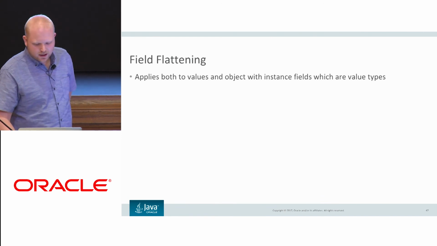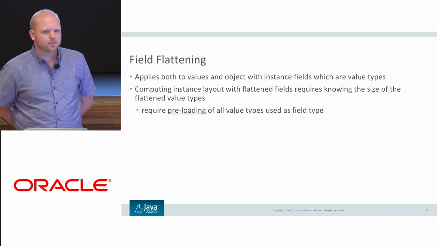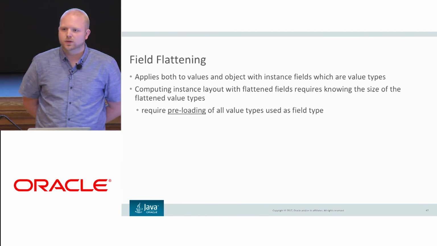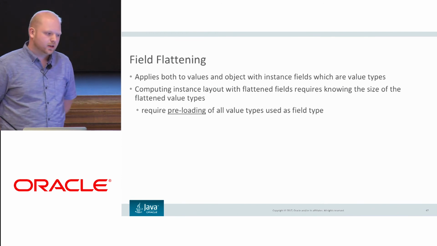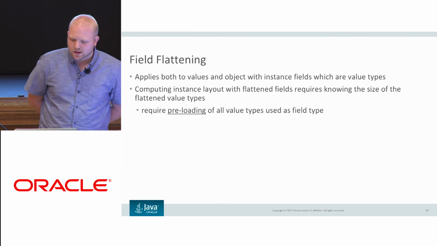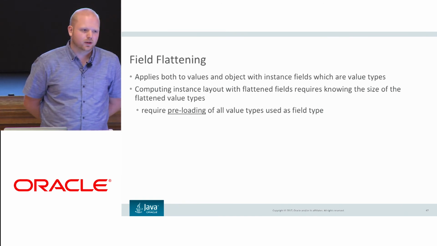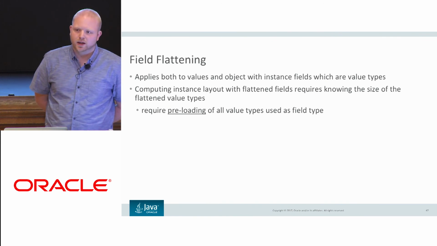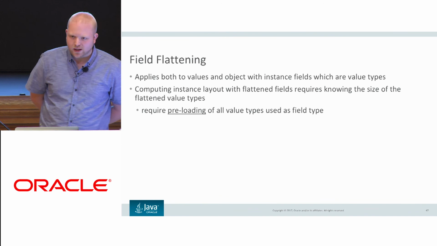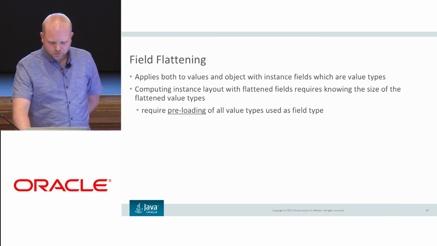Flattening a value field is similar to the way we handle a superclass: when you load a class, you need to load the superclass to get the field layout from it because you're supposed to inherit that. The same thing happens when you try to flatten a field, because you need to load that type as well to figure out how to drop the field layout from your value field into your own field layout.